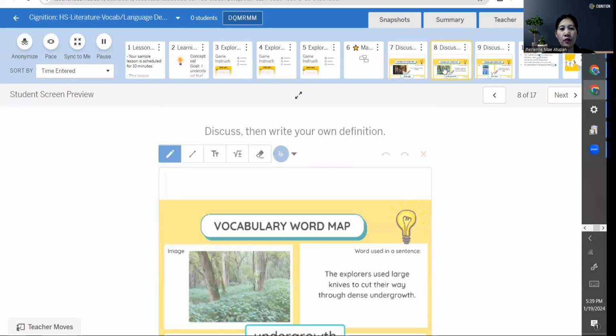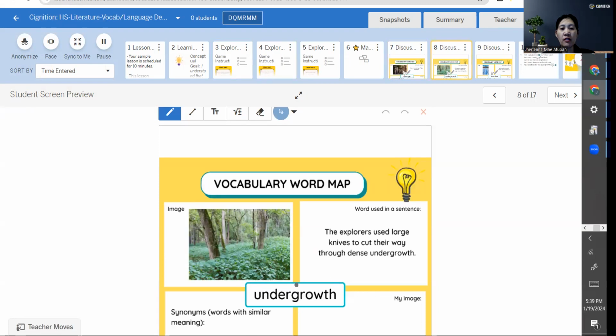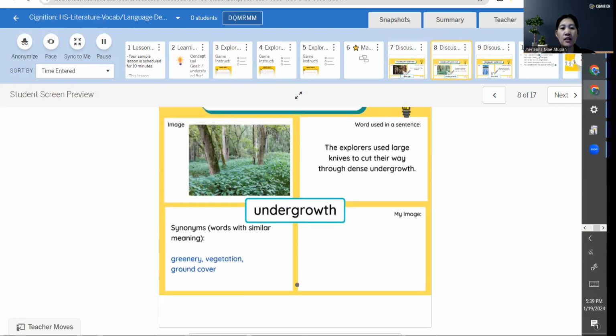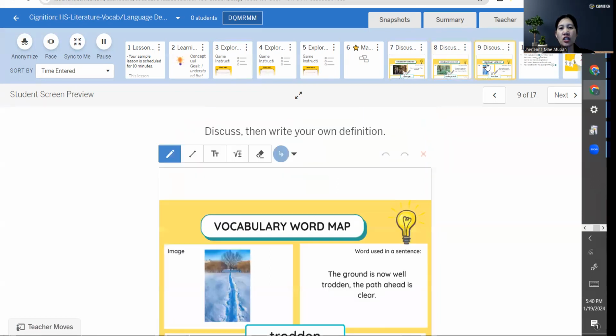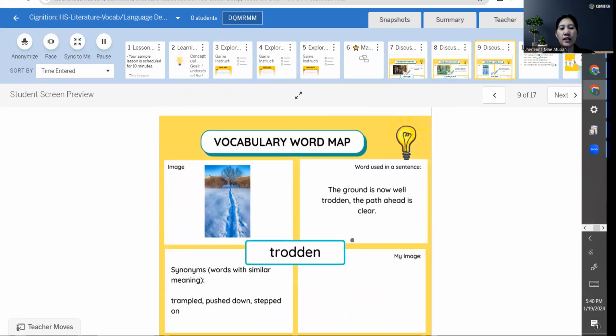Another word to learn is undergrowth, which means greenery, vegetation, ground cover. The explorers used large knives to cut their way through dense undergrowth. And then trodden means pushed down, stepped on, or trampled. Like the ground is now well trodden, the path ahead is clear.